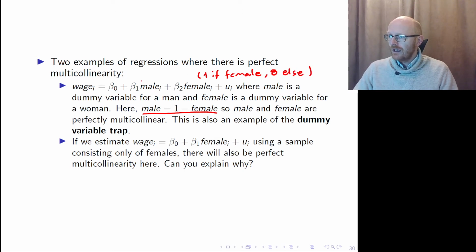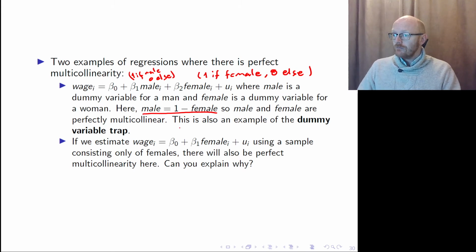And male is 1 if male, 0 else. So you can model the male dummy variable by looking at the female dummy variable. Male is just 1 minus the female dummy variable.